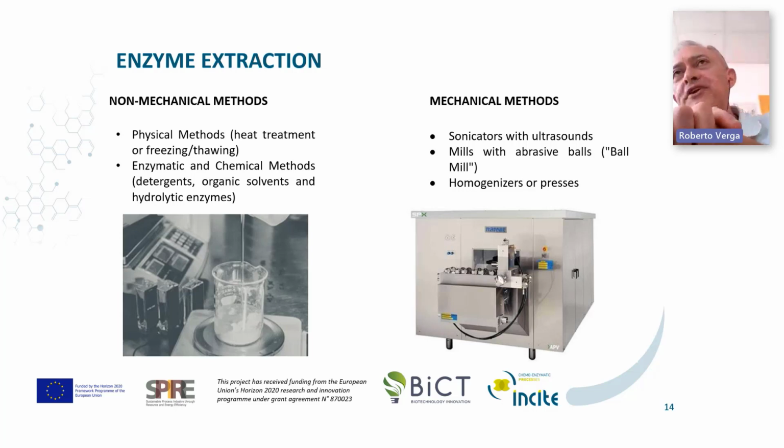It's more comfortable than mechanical methods, because in this case, we have the ultrasounds, but mainly on small scale, but for the approach in industry, very important are the ball mill and homogenizer. Ball mill, what is it? A mill is practically an equipment with a particular chamber. The lysis chamber is practically a sort of small reactor with a vortex stirring and the presence of glass balls, glass beads.